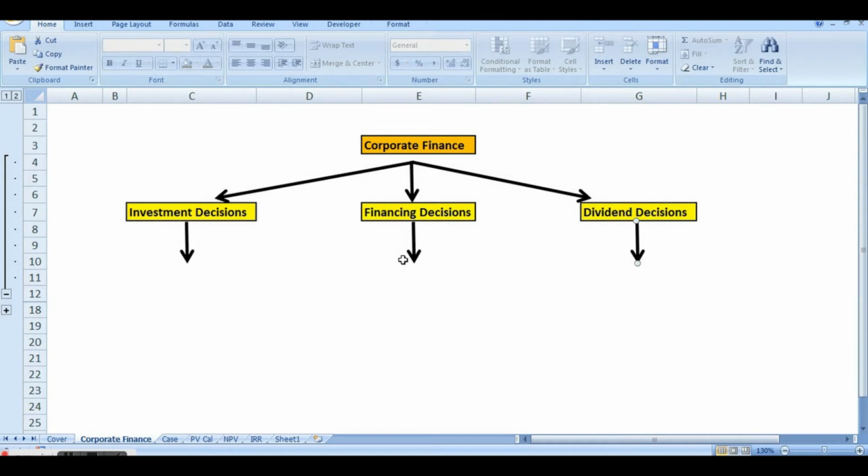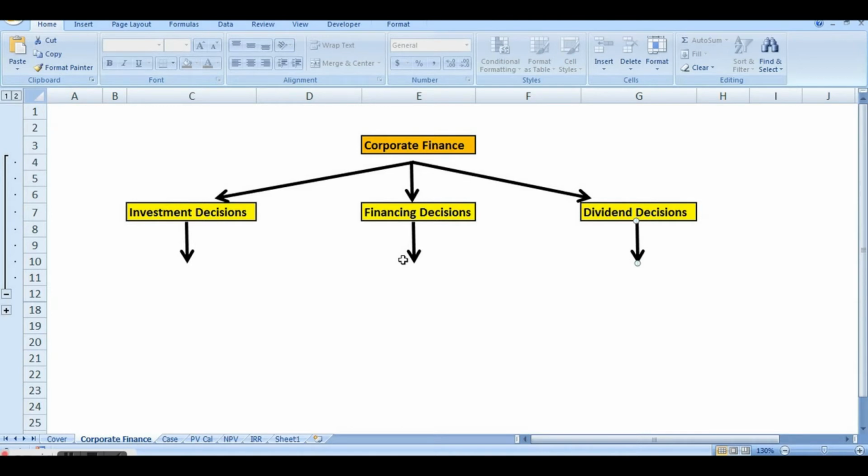Of the available options, which machinery would you like to select? If, for example, there are three machineries which follow all the criteria or conditions related to all the other feasibility studies, then comes the financing part.